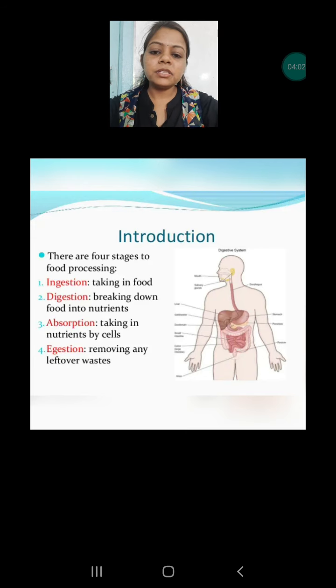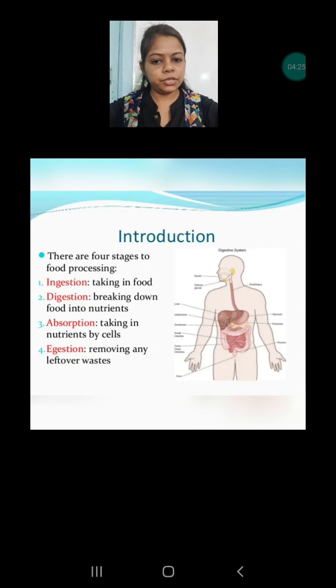Finally, the last stage is egestion. It is also known as excretion. That means the waste material after digestion, the undigested material, has to be thrown out from the body, and that process is known as egestion, removing of the undigested food.